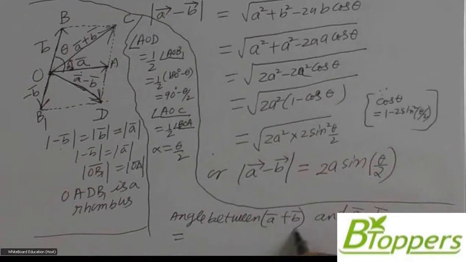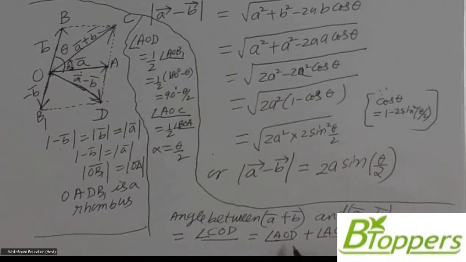So the angle between the vector sum A bar plus B bar and the vector difference A bar minus B bar, which is angle COD, you can write as angle AOD plus angle AOC.